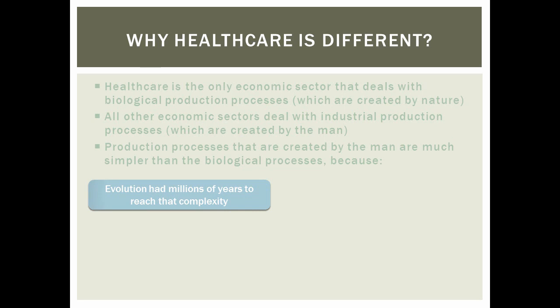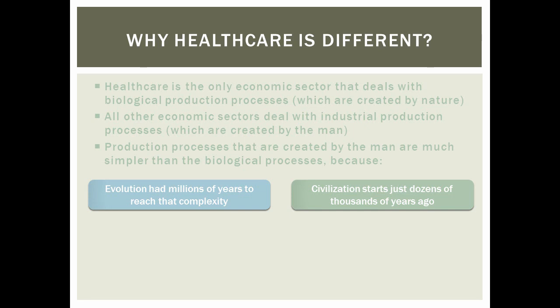So we had millions and millions of years. Evolution had millions and millions of years to reach the complexity of our bodies. And civilization started just dozens of thousands of years ago. But then you can say, okay, so when civilization has millions and millions of years, we'll have industrial processes that will be as complex as the biological systems.